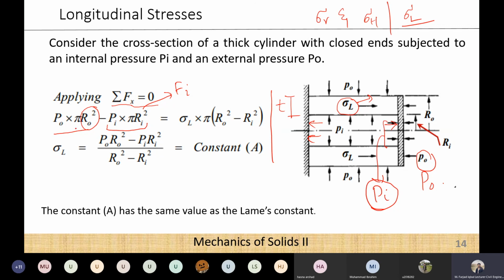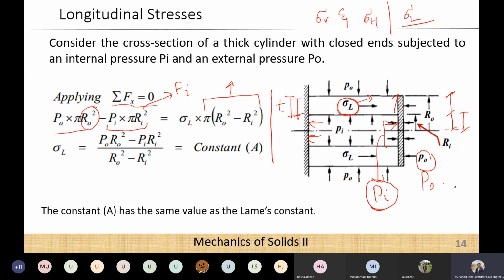So I have two forces in the x direction, Pi and P naught, and the third force is sigma L, which acts on this thickness only. To calculate this area, I calculate the area of the outer radius and the inner radius, and subtract these two areas to get the area for this thickness. So you multiply the longitudinal stress by the difference between the two areas.